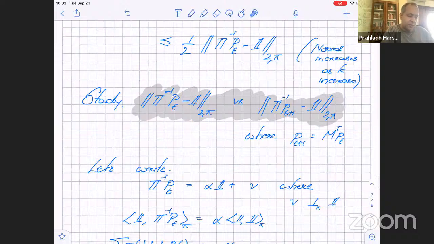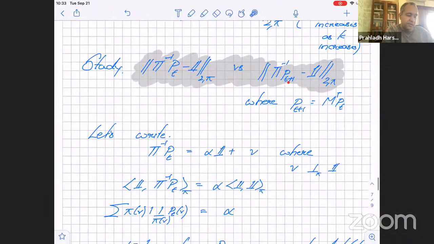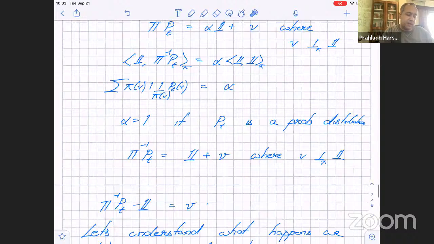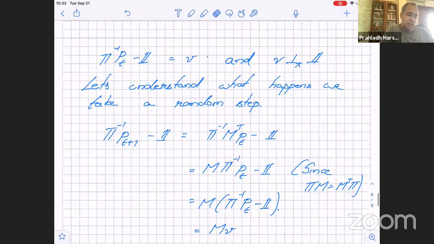How does the 2 norm of this object change when you take a step in the graph? That is basically, I wanted to compare this to this. Now the thing inside this, from the calculations we first saw, was just a vector v, which is orthogonal to the all ones vector. The other quantity happened to be just Mv.